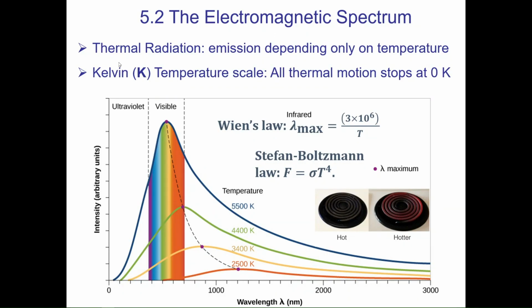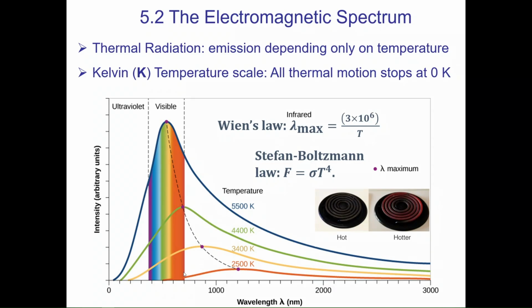Since thermal radiation depends only on temperature, let's go ahead and introduce a new temperature scale, which we call the Kelvin temperature scale. When we look at the temperature of a star, like the surface temperature, we always use Kelvin, for example 5,500 K, which is not the same as the temperature we use in our everyday life, such as Celsius or Fahrenheit.